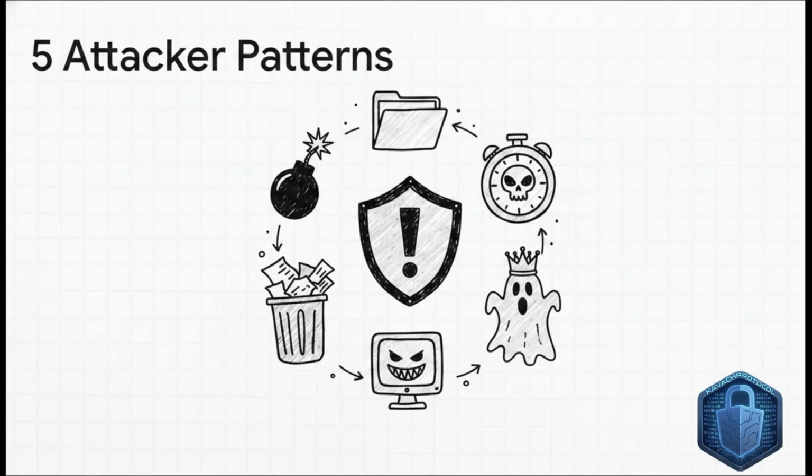Number 2, persistence created via malicious cron jobs that just constantly re-download malware. Number 3, hidden users with a UID of 0. Listen, if an account has UID 0 and it isn't root, that is a backdoor for sure. Number 4, suspiciously cleared or totally empty log files. That's an attacker trying to clean up after they've compromised you. And finally, malicious additions to a user's bashrc file, which ensures malware runs the exact second they log in.